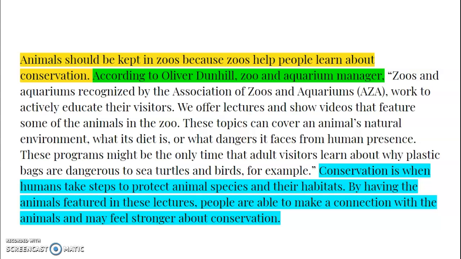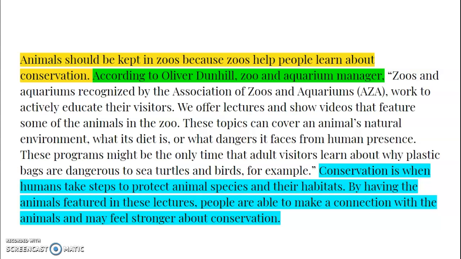So my final product says, animals should be kept in zoos because zoos help people learn about conservation. According to Oliver Dunhill, Zoo and Aquarium Manager, zoos and aquariums recognized by the Association of Zoos and Aquariums, the AZA, work to actively educate their visitors. We offer lectures and show videos that feature some of the animals in the zoo. These topics can cover an animal's natural environment, what its diet is, or what dangers it faces from human presence.